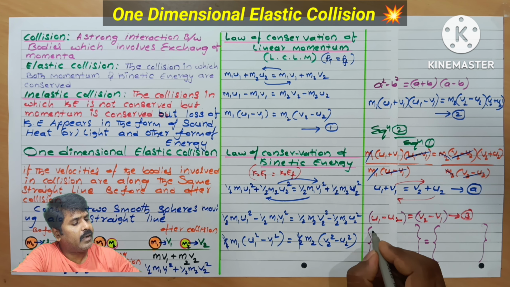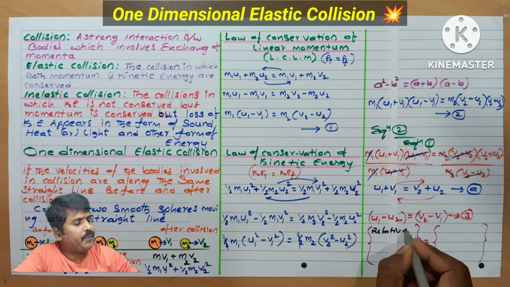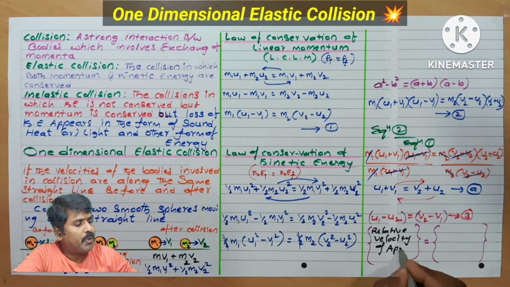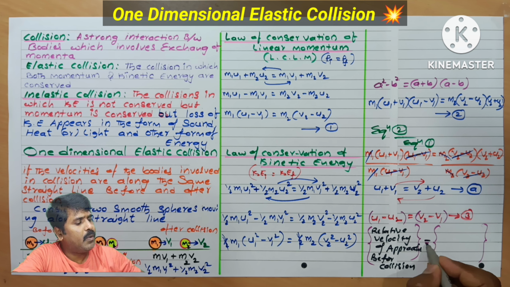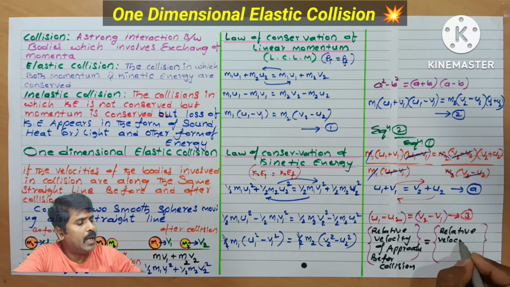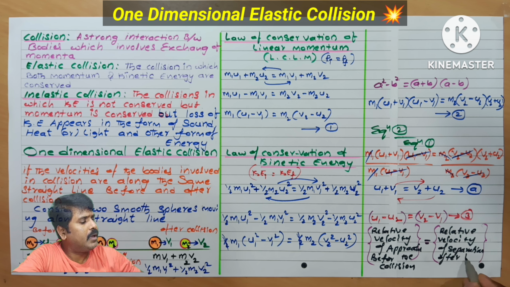Okay, so I can write: relative velocity of approaching before collision is equal to relative velocity of separation after the collision, student.